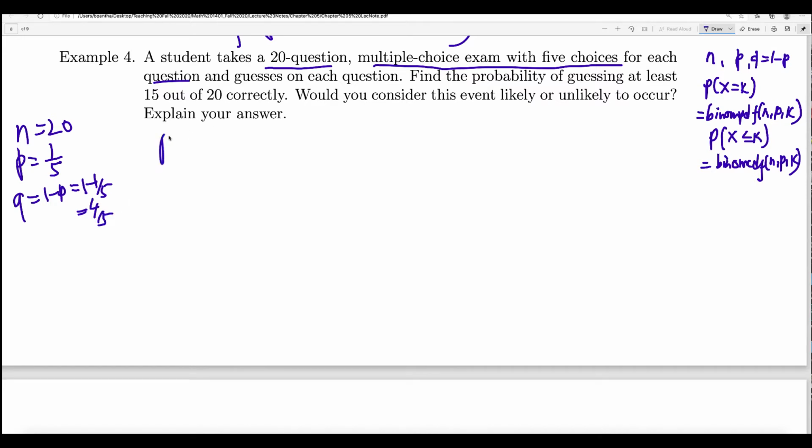What is x? P(x greater than or equal to 15) equals what? At least 15 means greater than or equal to 15.